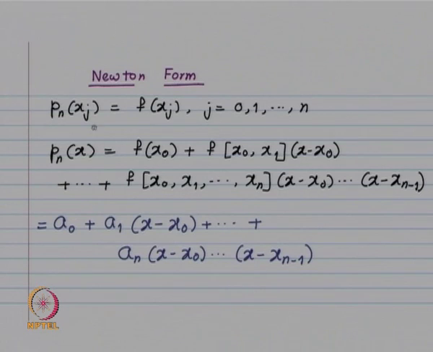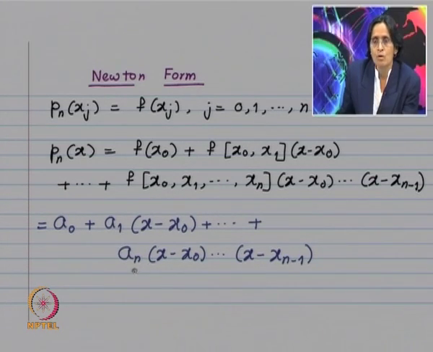So, it is a polynomial of degree less than or equal to n, which matches with f at xj, j going from 0, 1 up to n. So, it is of the form a0 plus a1 (x minus x0) plus up to an (x minus x0) into up to (x minus xn minus 1).